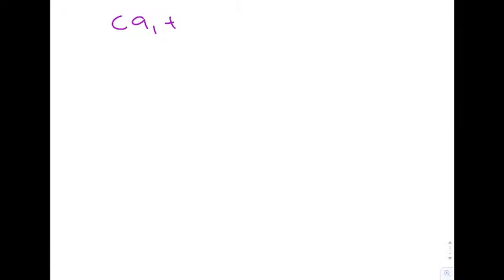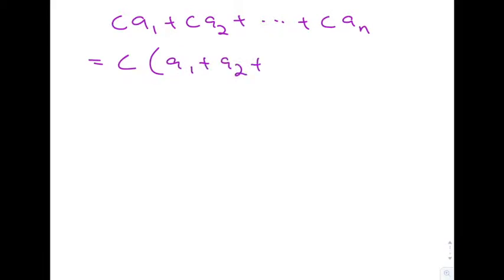Suppose we have a sum that looks like this: c a1 plus c a2 plus ... plus c an. Well, since each of these terms has a common c, this constant c, which is a member of the reals, we can just factor out a c, and we'll have a1 plus a2 plus up to an.